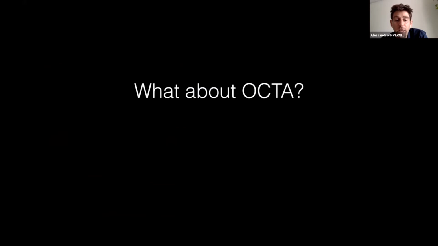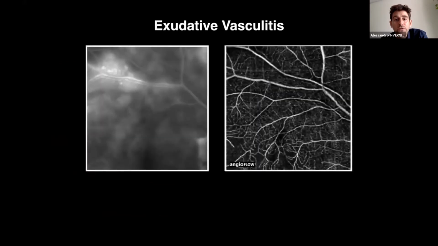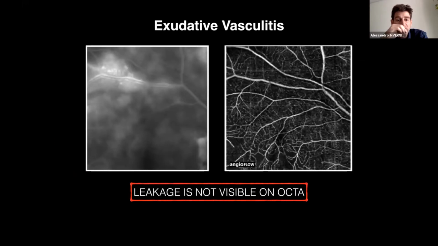So what about OCTA? Well, we know that OCTA is not able to see the leakage. This is an example from an exudative vasculitis in the back of the eye. If we wanted to use OCTA in the same way as fluorescein angiography to see the leakage from the iris vessels, of course we cannot.